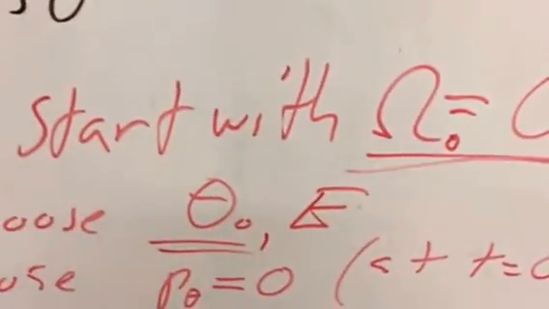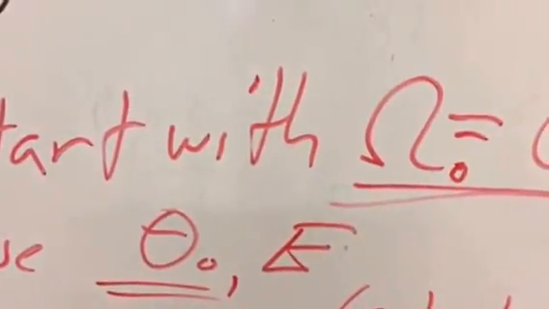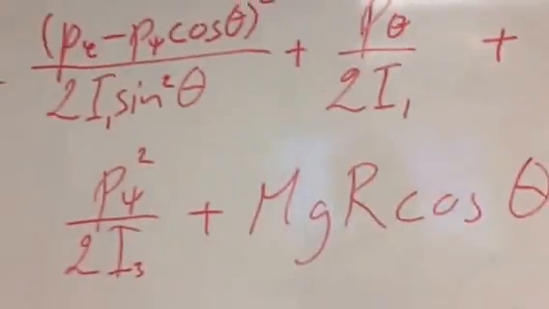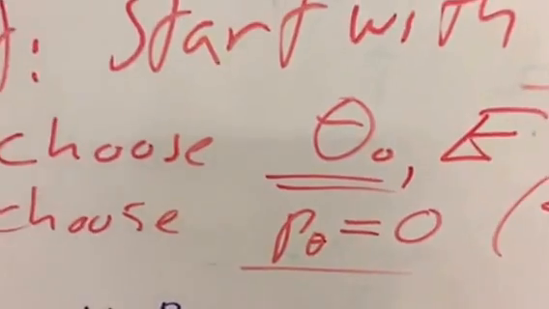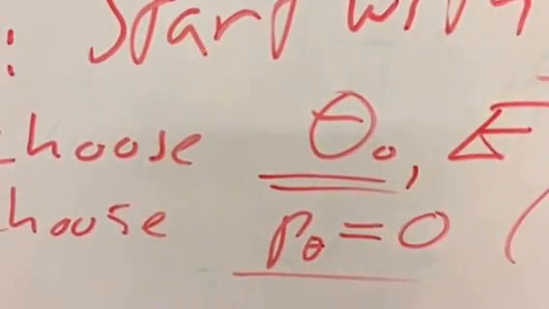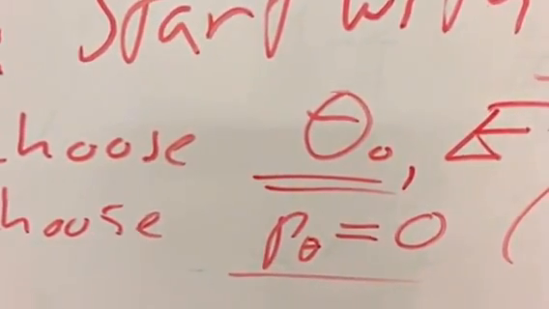Then you should choose one initial tilting angle and choose the value of energy. So you know that the Hamiltonian gives the total energy. And to simplify things, choose also p theta equal to zero.